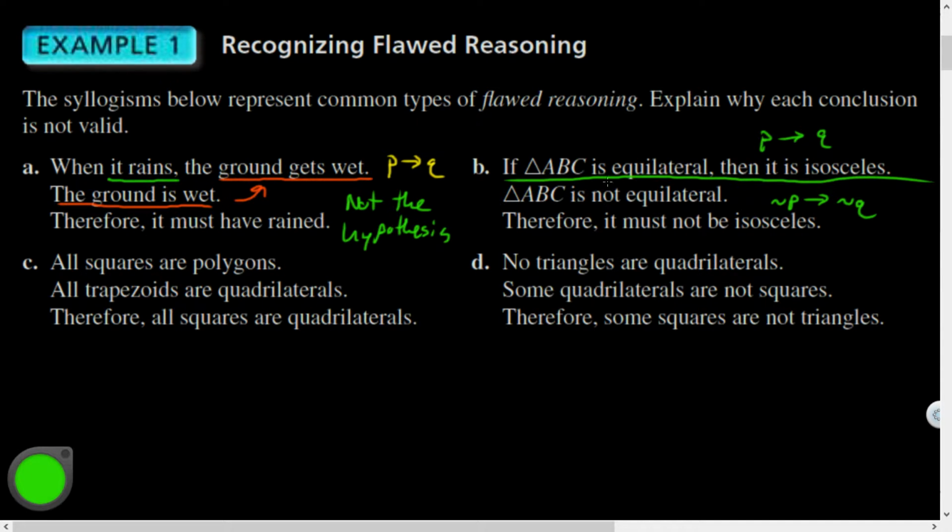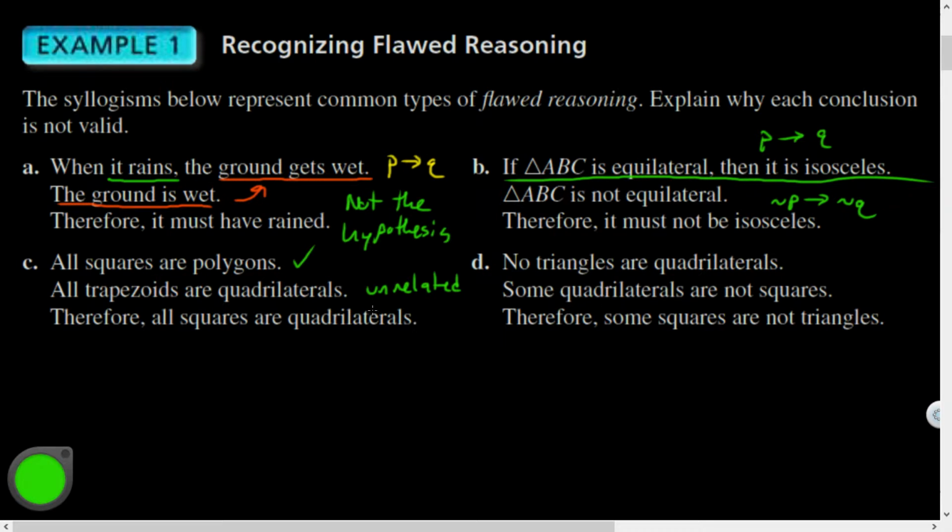Our case did not apply to this if-then statement. Let's see, all squares are polygons. All right, sounds good. That's a P implies Q. Our statement is all trapezoids are quadrilaterals. I would say that's unrelated, right? Therefore, all squares are quadrilaterals.